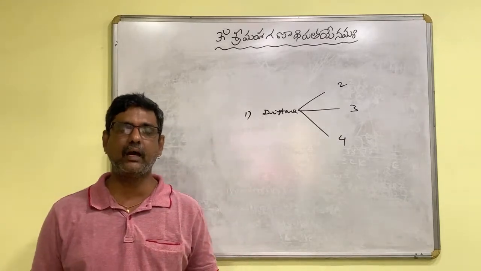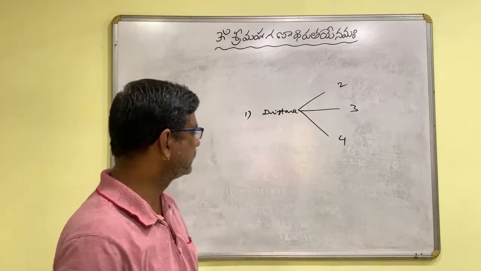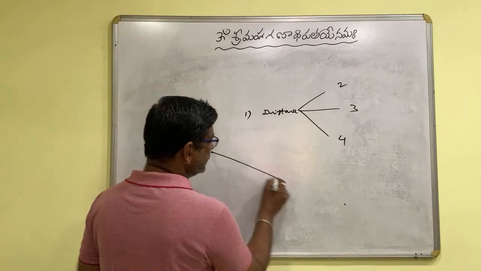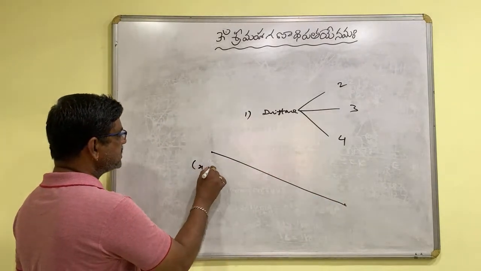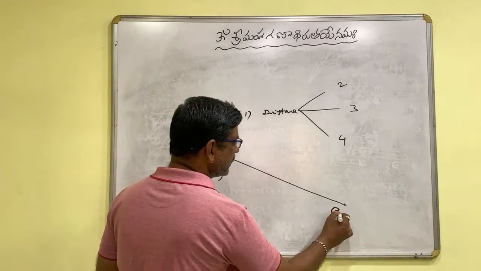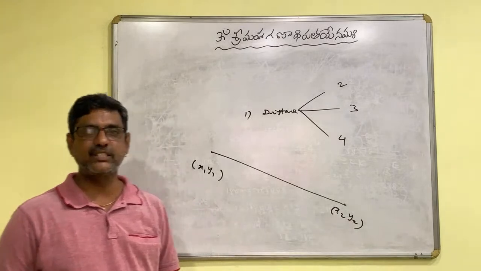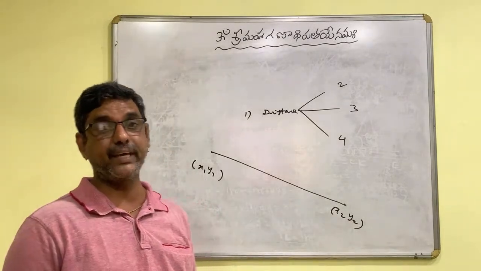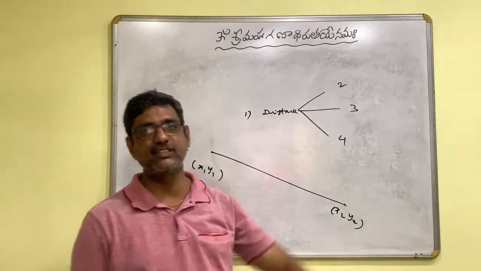Suppose I have taken 1 point over here and 1 point over here, I can join these 2 points. If I know the position of this point and this point, I can find out the distance between these 2 points by using distance formula. That is the case of 2 points.